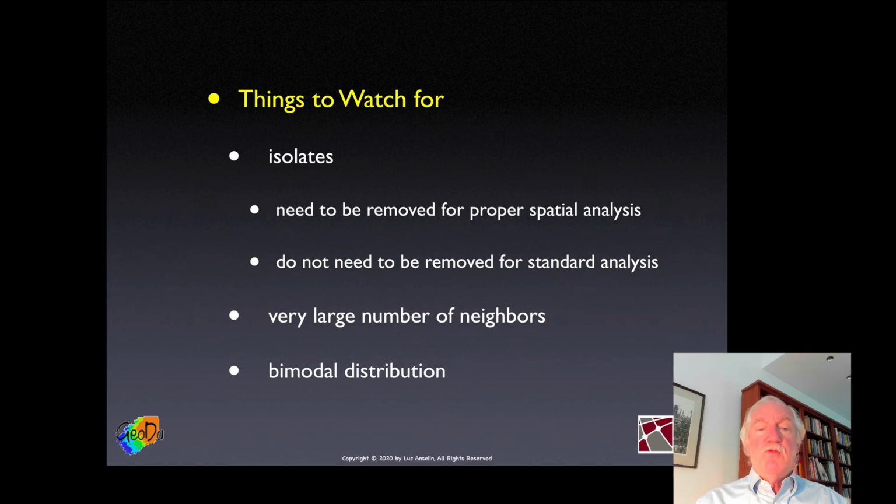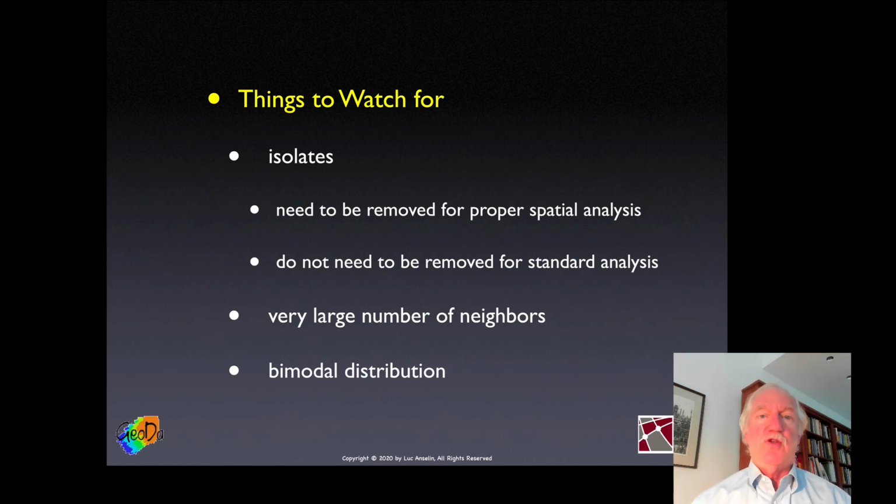So what do we use this histogram for? First of all, we try to spot if there are isolates or islands. And as I alluded to a few minutes ago, what do we do with these islands? Since spatial analysis is about spatial interaction, and they don't interact, they don't play.